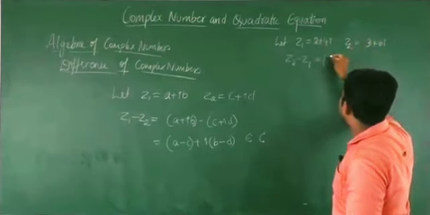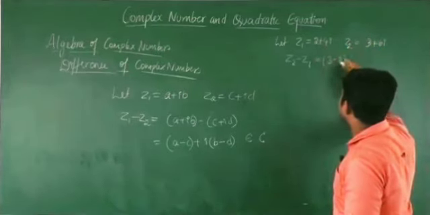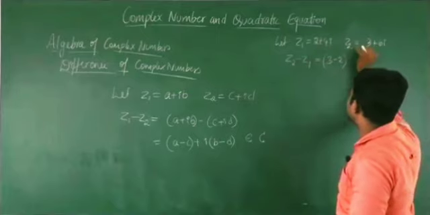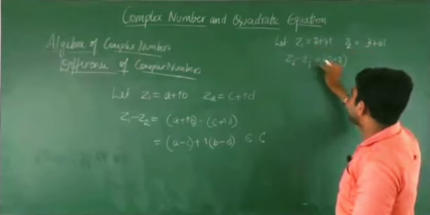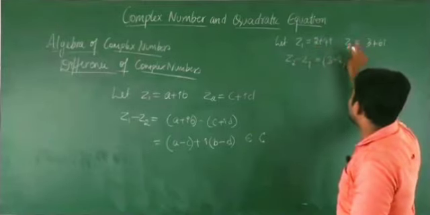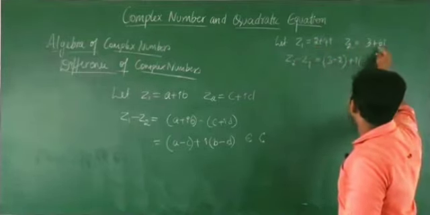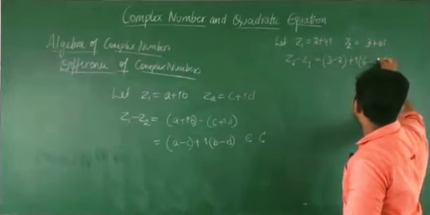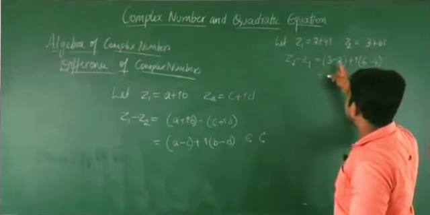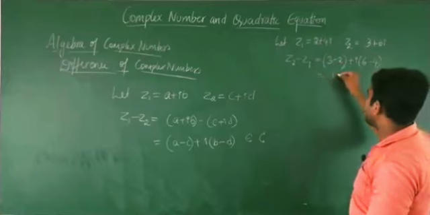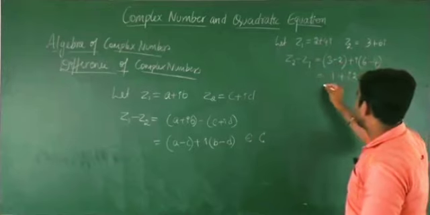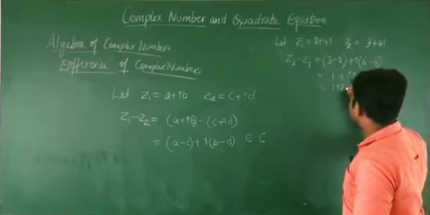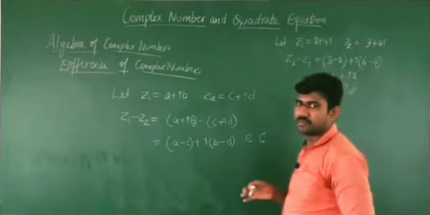We have to subtract 3 and 2, 3 minus 2, because here consider the first complex number as z2 and second one is z1. So, z2 minus z1 is nothing but 3 minus 2 plus i into 6 minus 4, that is 1 plus i into 2, or we can write like this 1 plus 2i.